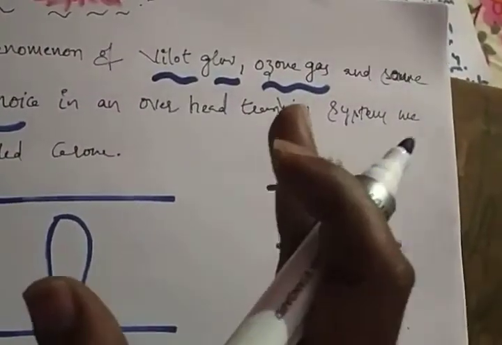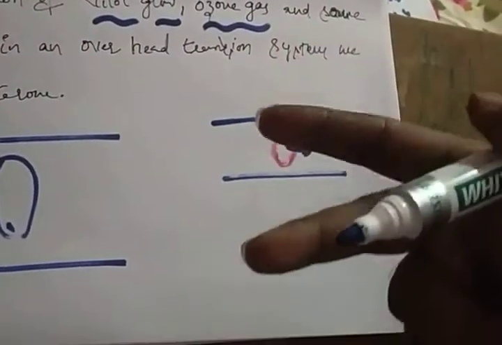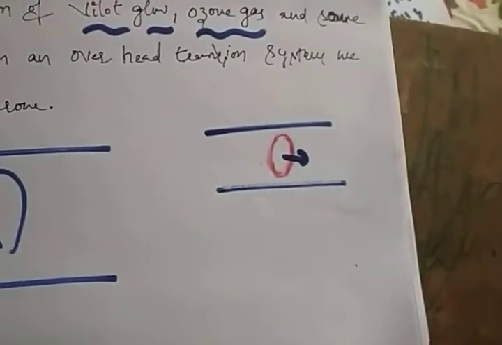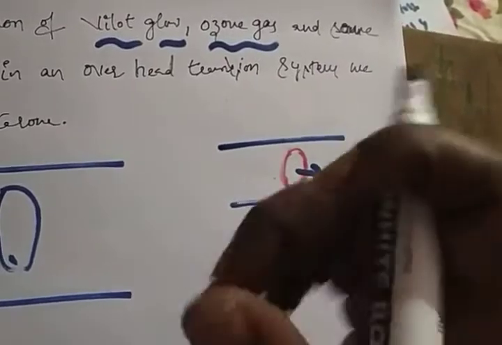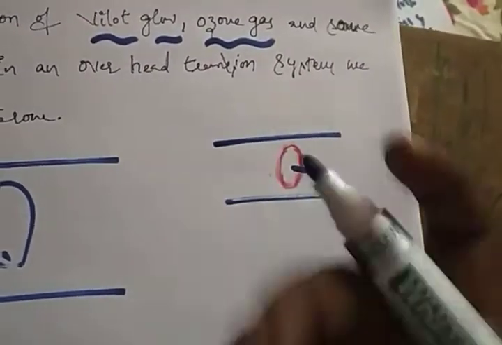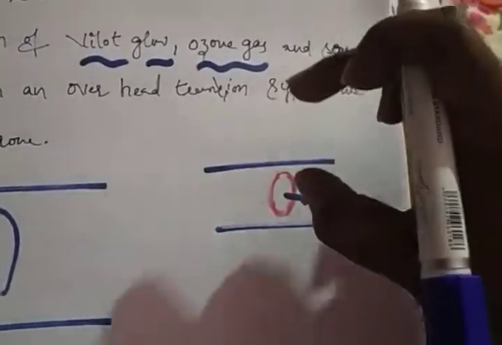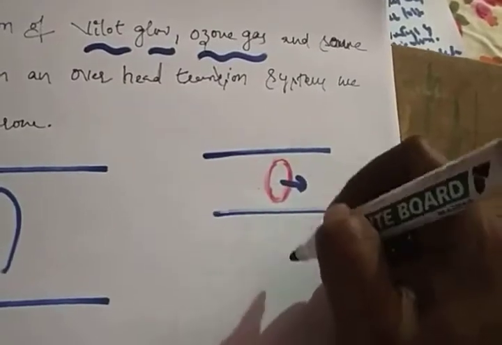So when corona forms, in a high voltage transmission system where the conductor spacing is very small, applying high voltage across the conductors will break down the air. There will be ionization of air, and due to that ionization there will be a conducting path between these two conductors.